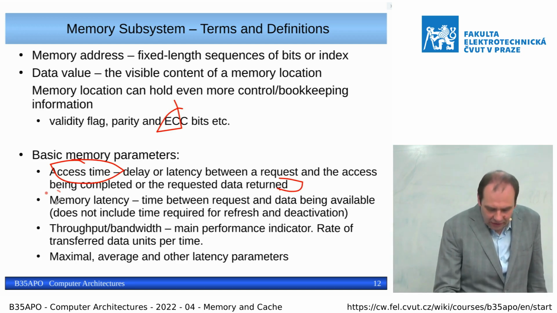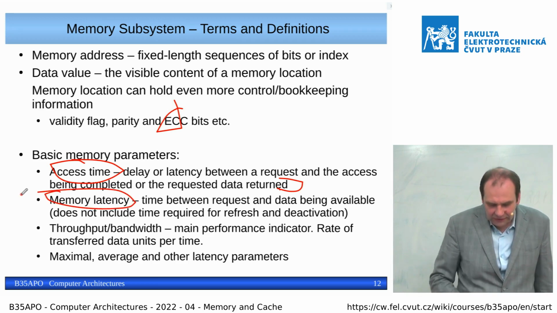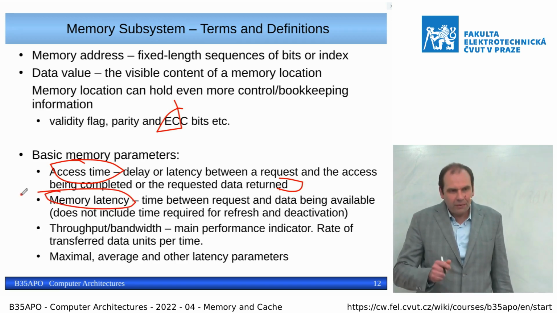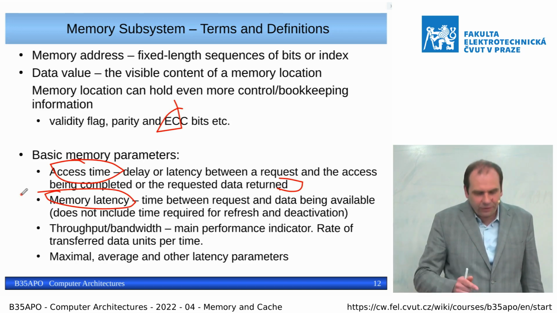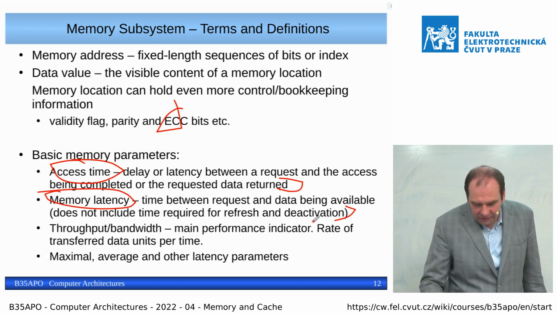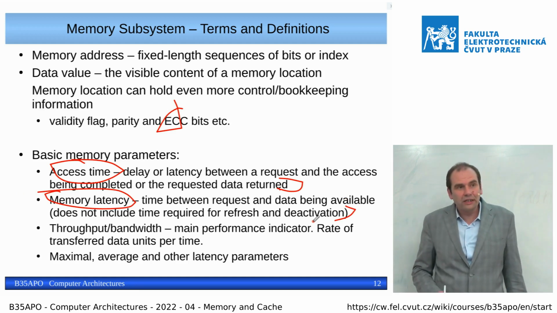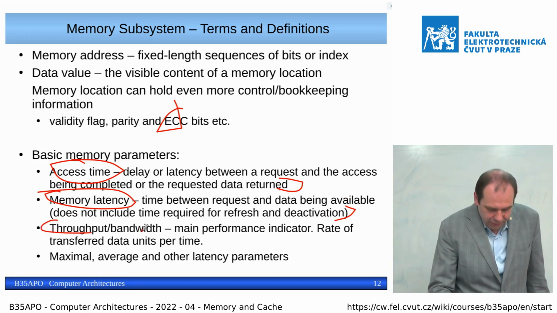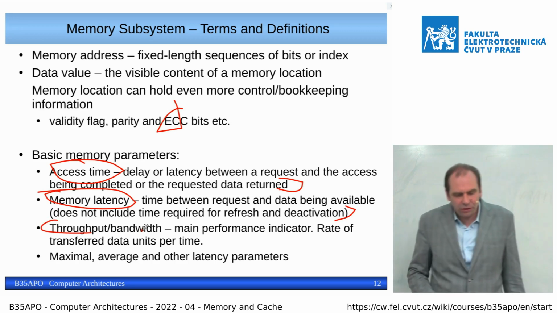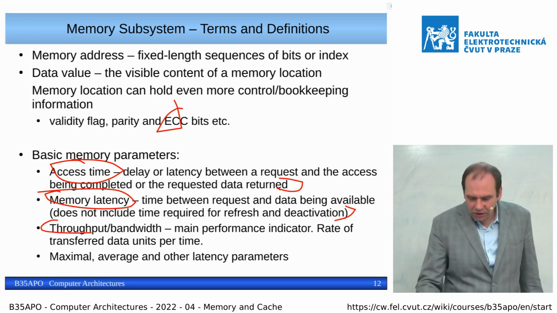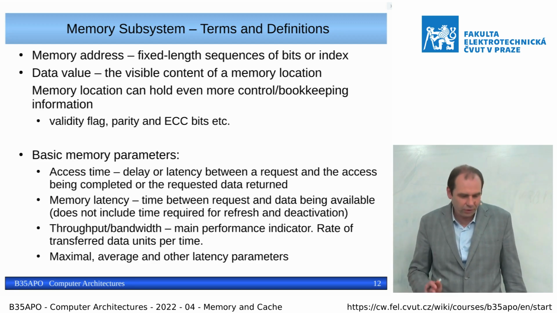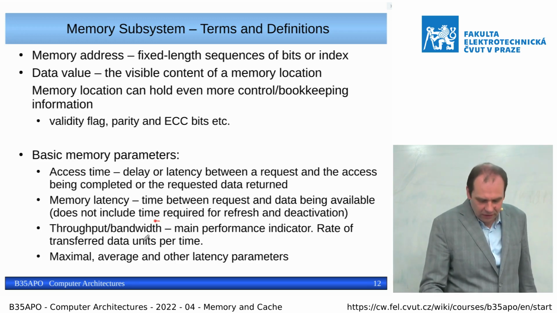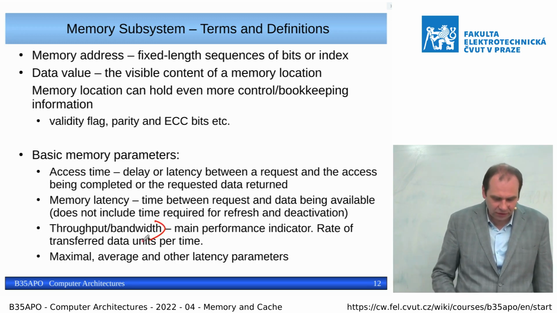Then we can count the latency, which is only the time from the instant when we ask for the data to when we get the actual data. For PCs and big computers, we usually do not take so much care about latency, even though it is important. For real-time control it is very important, but for standard computational tasks it is not so important.